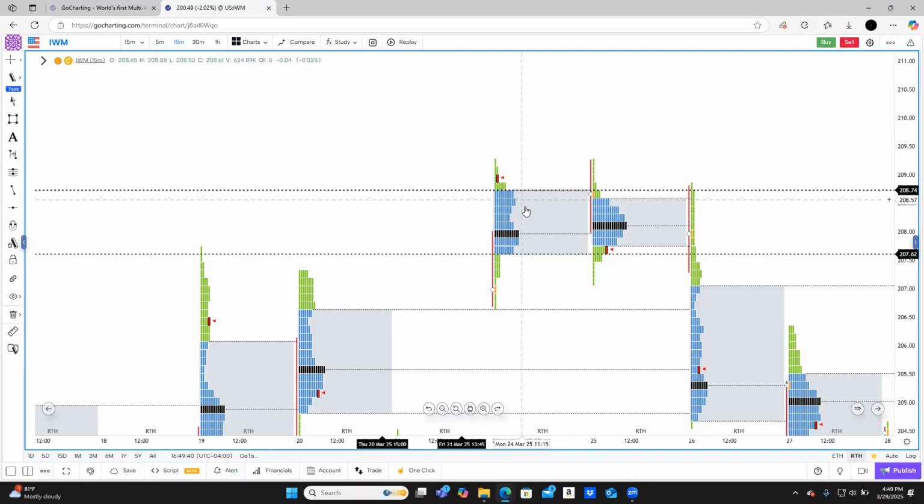That is the bell curve of that entire day. Roughly 209.25, it was pretty flat. Then it starts to curve out around 208.74, curves out some more, and then all the way down to 207.62 before it flattens out again. That is the bell curve, 70% of the entire day.